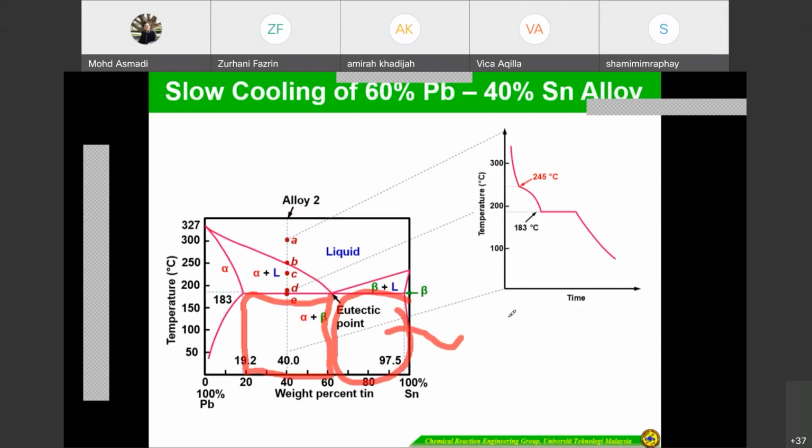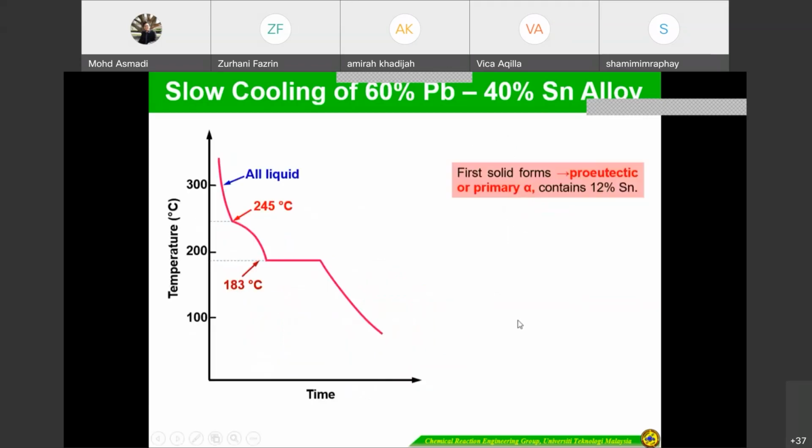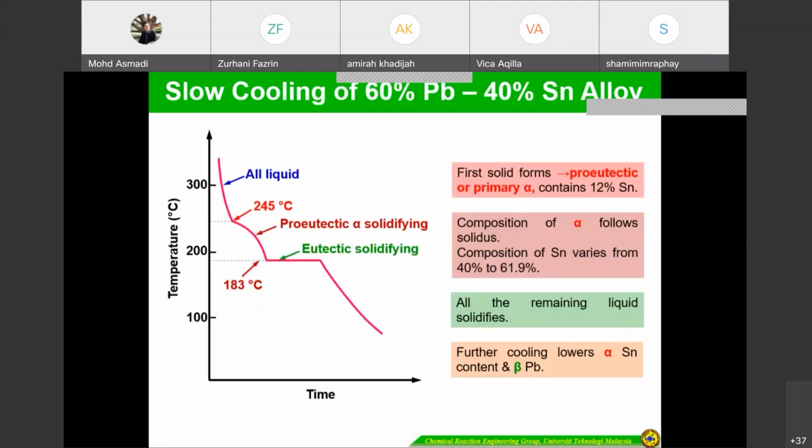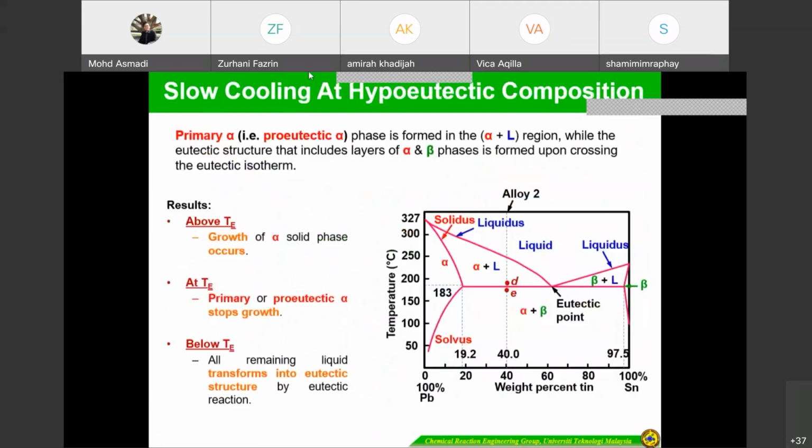Later I will show you, because this side has more alpha and this one is beta. So when we slow cool at hypoeutectic composition, this side, this area.